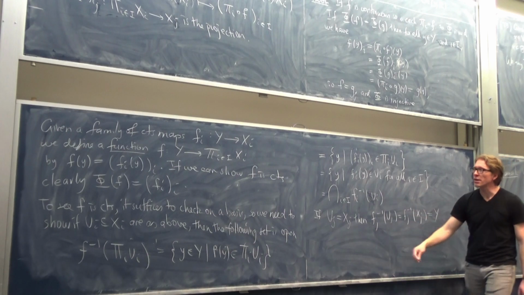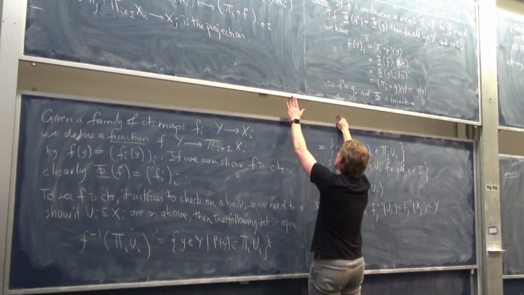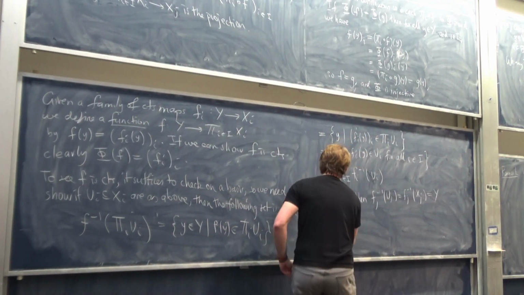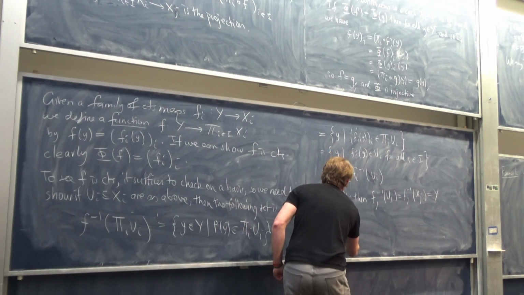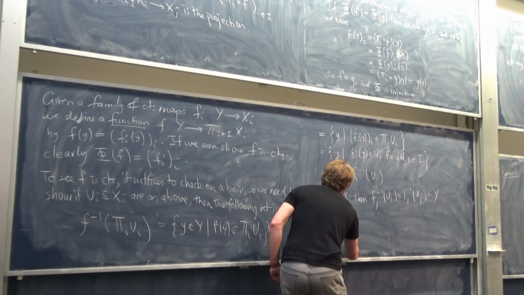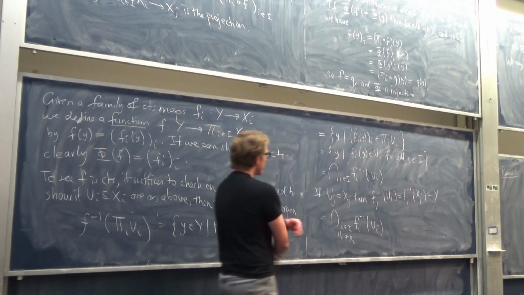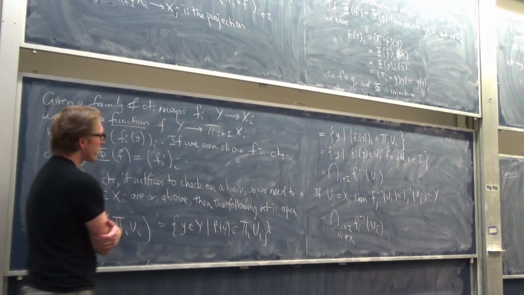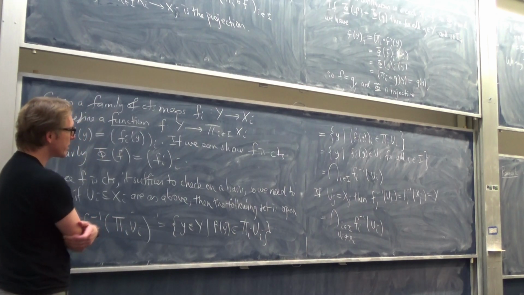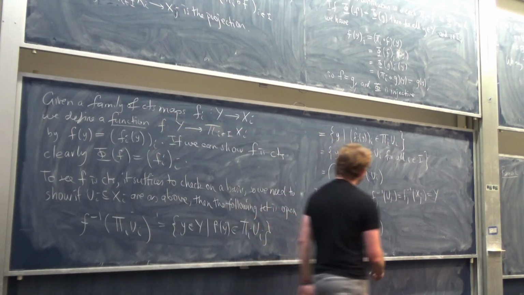So that's just the intersection over all the i's for which Ui is not equal to the whole thing. But that's finite by definition of the basis, so that's a finite intersection of open sets, which is open.